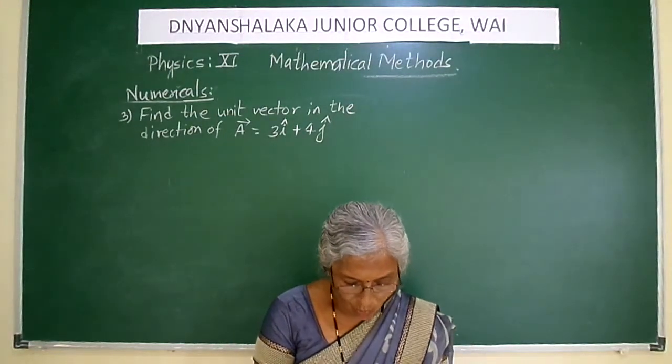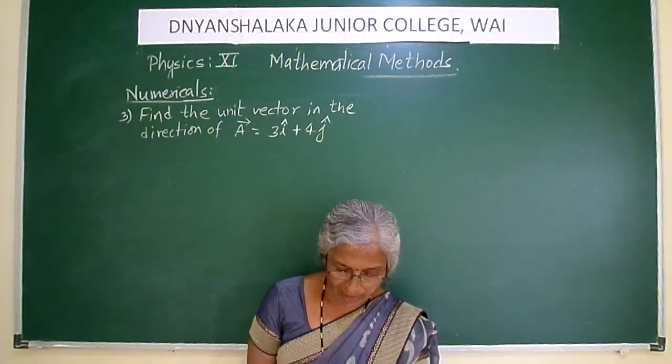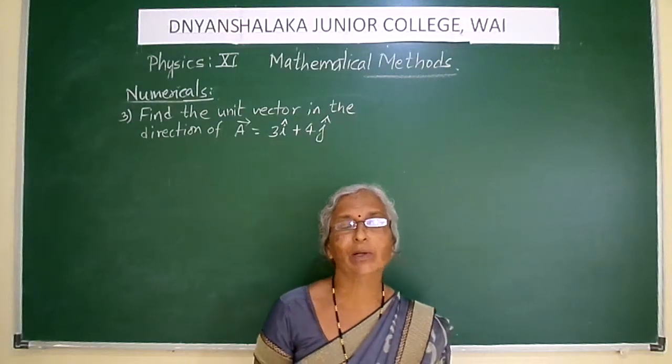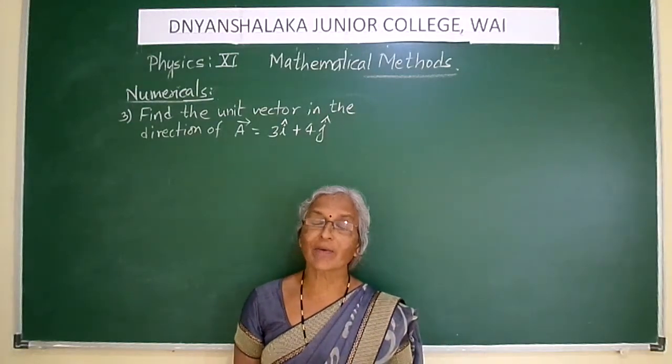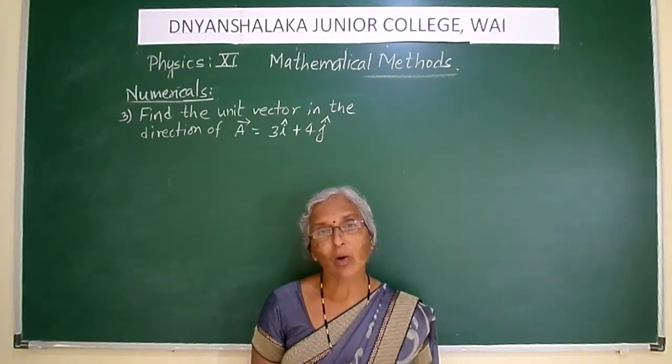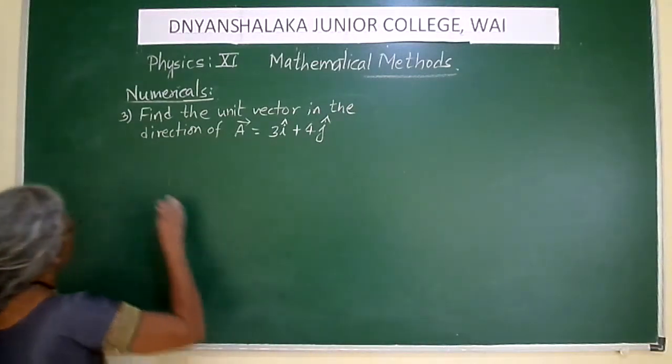Now, what do we know from the definition of a unit vector? How do you give a unit vector? A unit vector is given as that vector upon its magnitude. Okay? So firstly, what will I do?